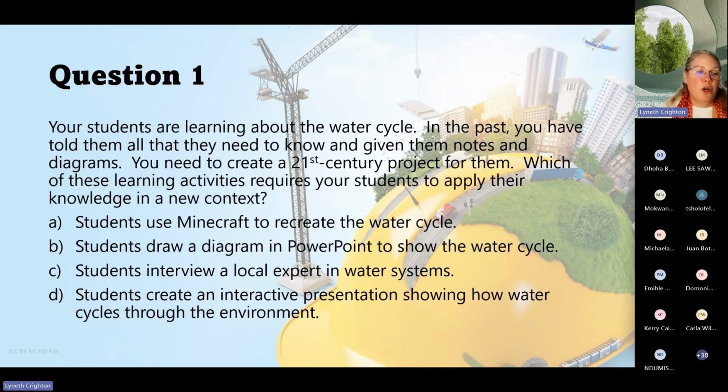So if you were looking at the questions that a student asked, would you think that option C gives you the most insight into whether they understood what the water cycle does? Please feel free to put your mic on if you want to say something.